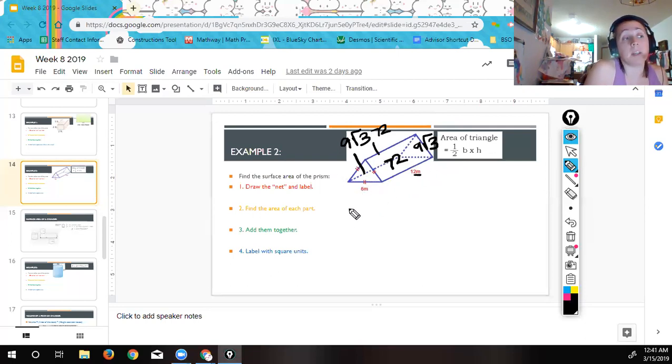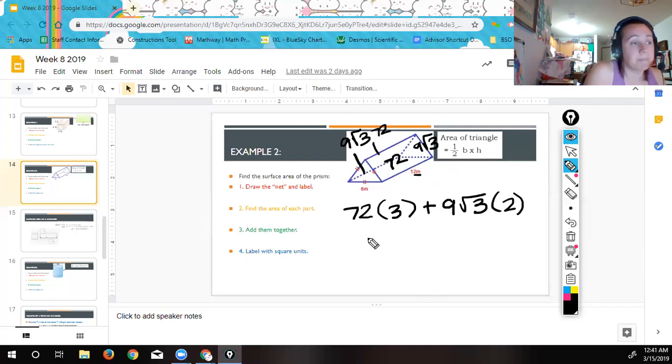Now I'm going to add them all together. I'm going to go 72 times 3 because there's 3 of them, plus 9 square root of 3 times 2, essentially, because there's 2 of them. So 72 times 3 is 216. 9 times 2 is 18. 18 square root of 3.